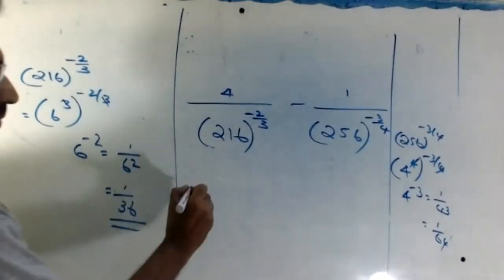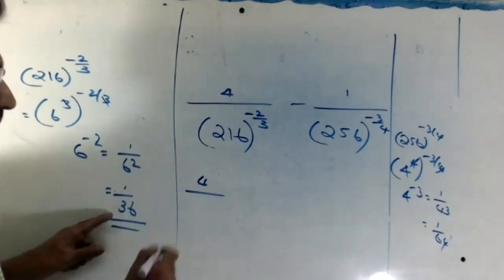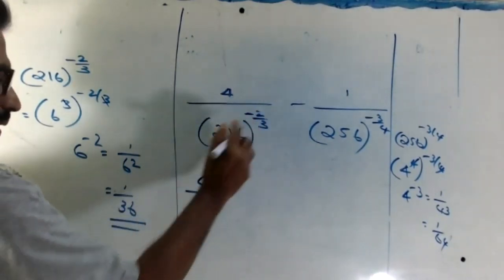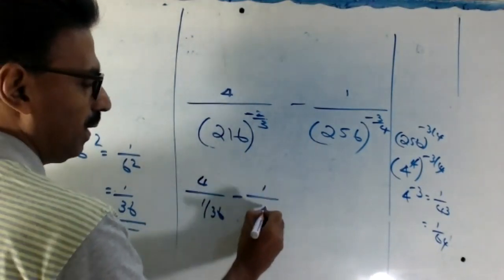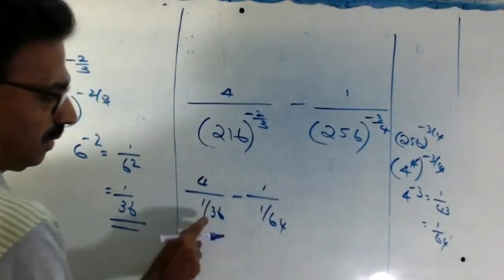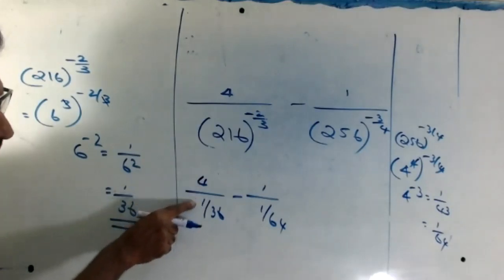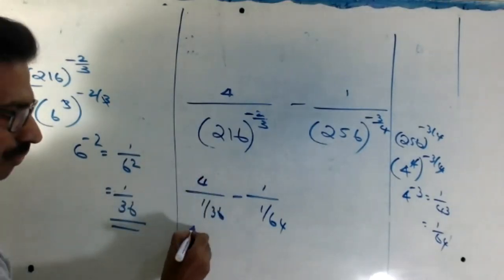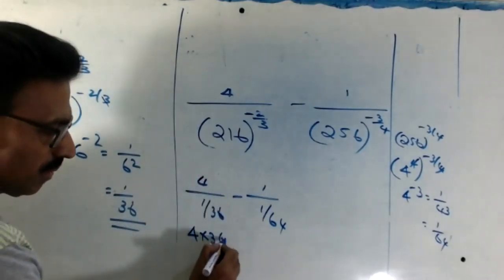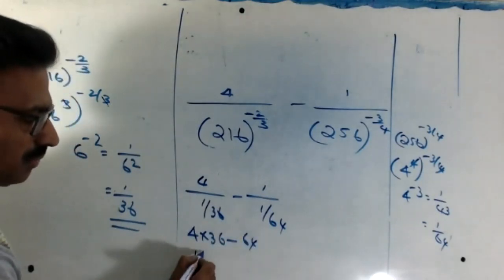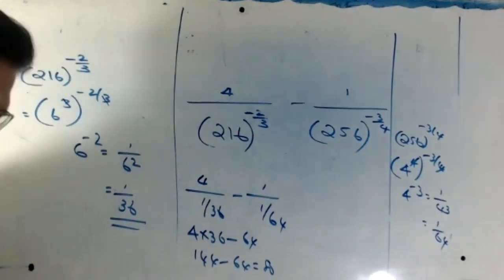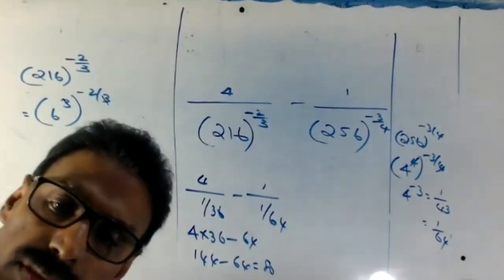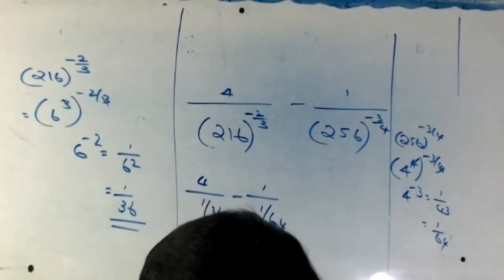Now this one, 4 divided by 1 by 36 minus 1 divided by 1 by 64. Of course, 4 divided by 1 by 36 is going up. 4 into 36 minus 64. This is 144 minus 64 equals 80. Okay. So is the doubt clear now?